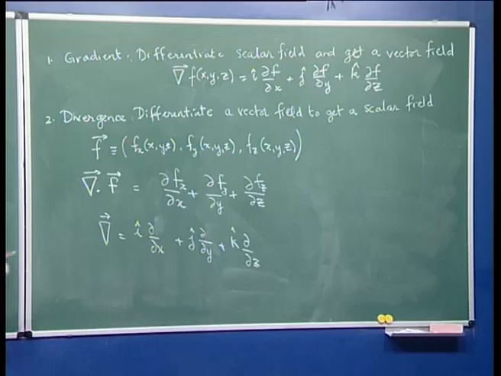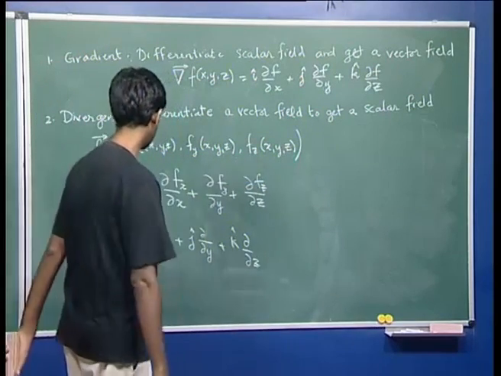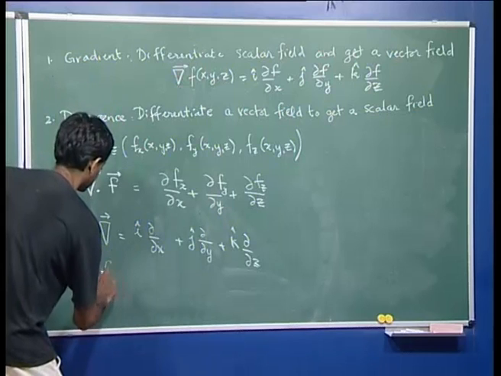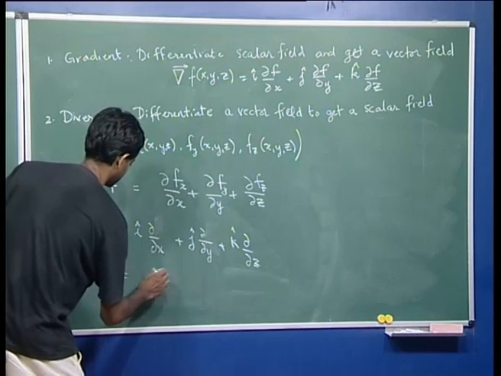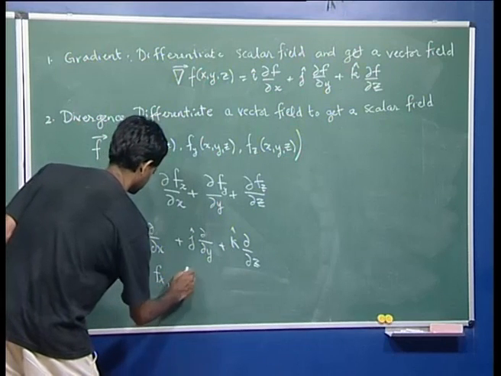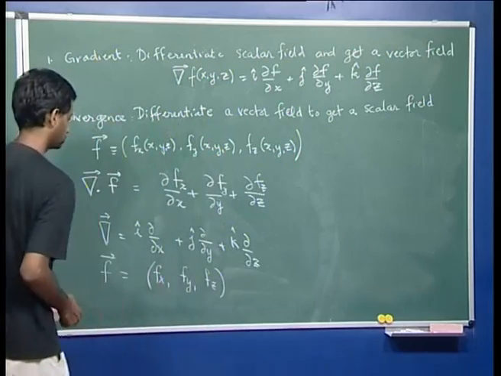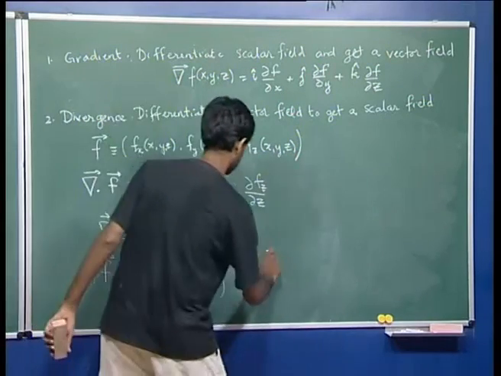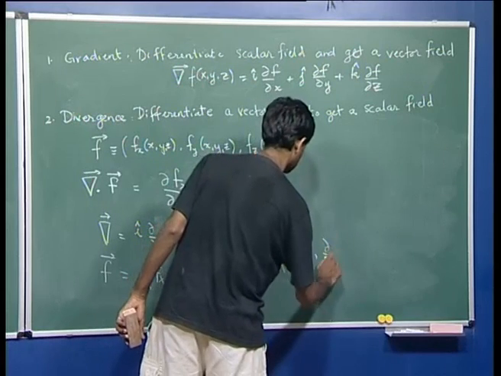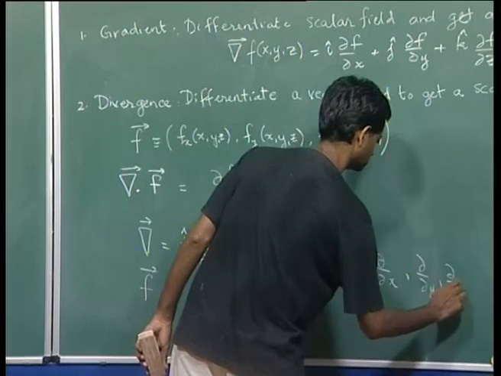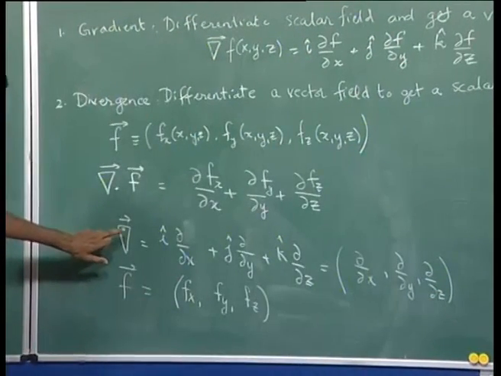Now on the other hand, if you dot it to some vector field like this, what that means is, you can imagine that you take this and you dot it into f, which has 3 components, f x, f y, and f z, and so you have 2 vectors. So you imagine as though you are dotting these 2 vectors.